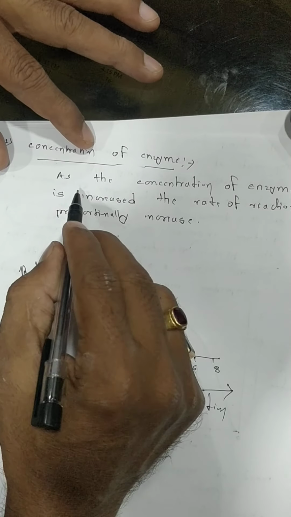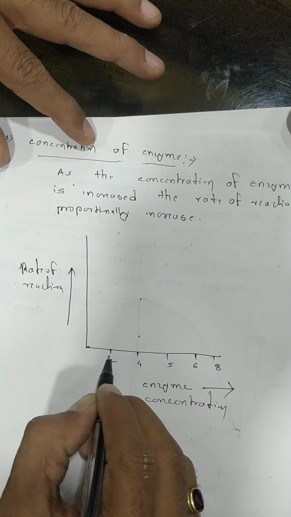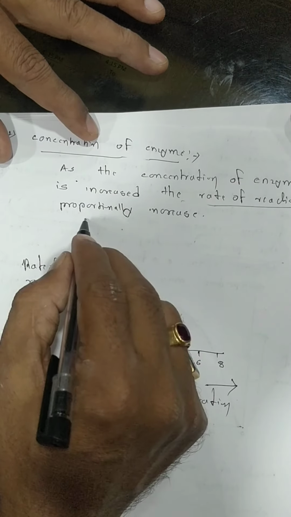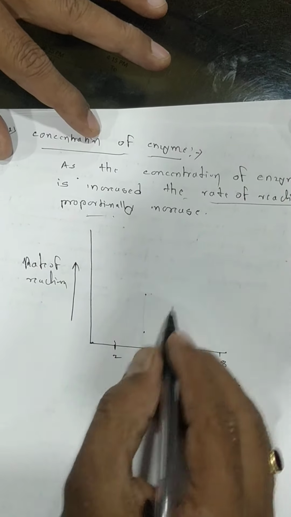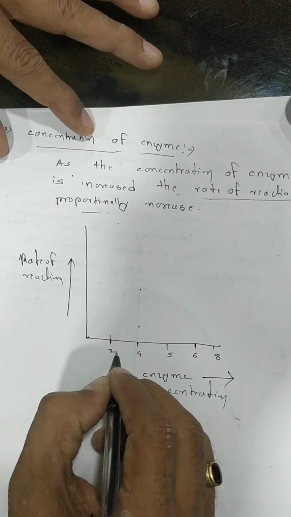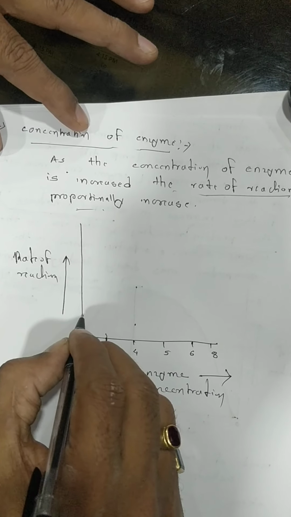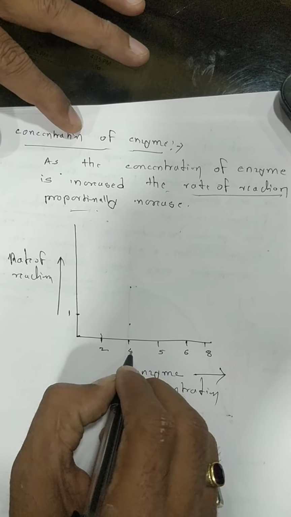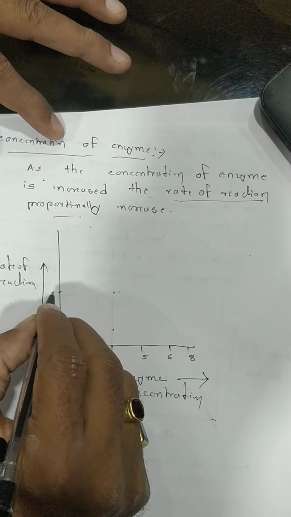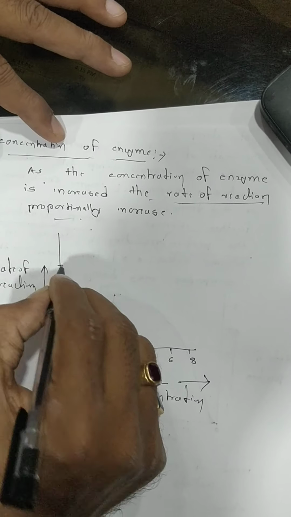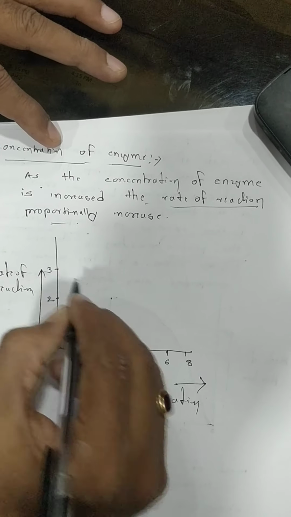Now see, as the concentration increases, the rate increases proportionally. Concentration is 2 mole, rate is 1. Concentration is 4, the rate is 2. Concentration is 5, the rate is 3.